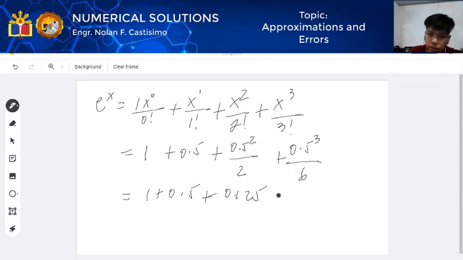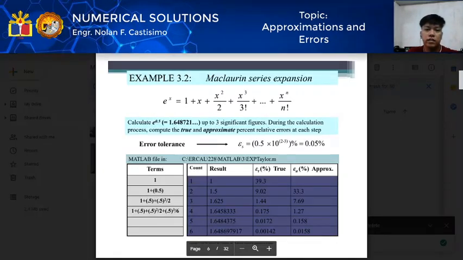So, plus 0.5 raised to 3 divided by 6, we have 0.020833. Okay? So, of course, ayan, yun yung mag-stop natin. So, 0.05.